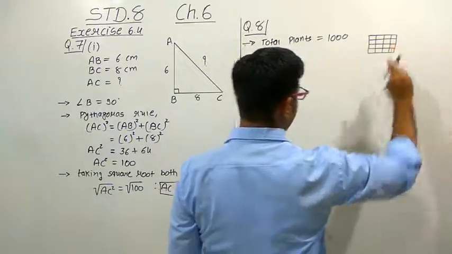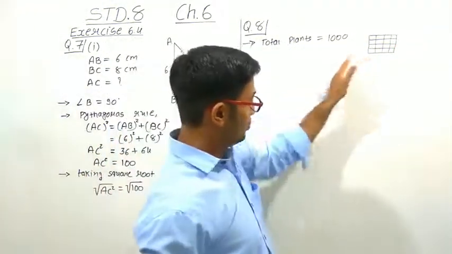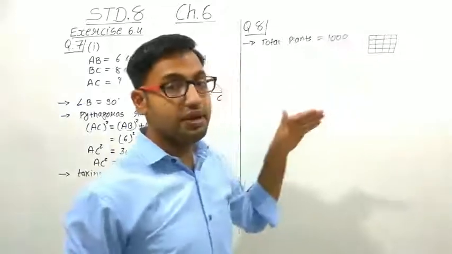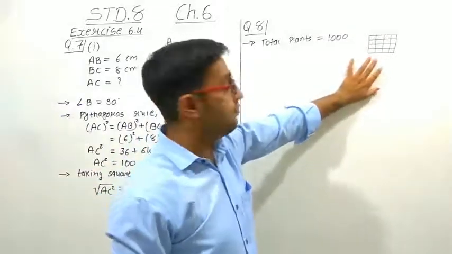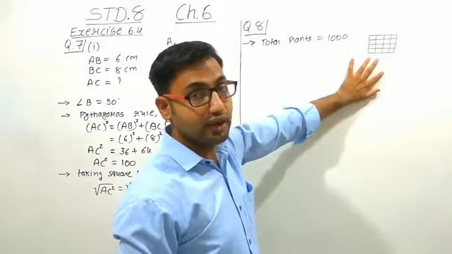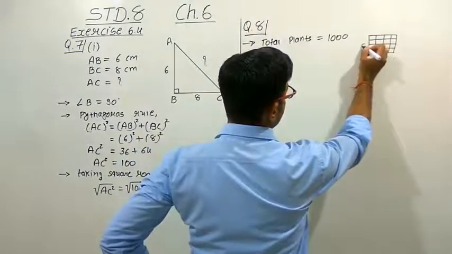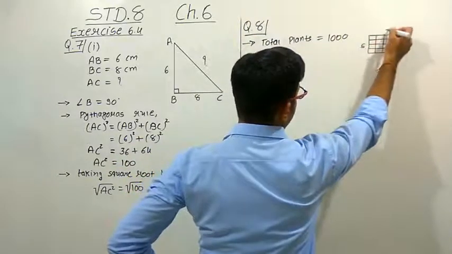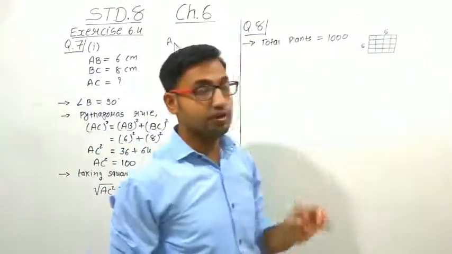So you can see that if we arrange the plants in this way, rows and columns become equal. What is the shape this will be? The shape will be a square. So here we have taken 5 rows and 5 columns. Both numbers are equal.